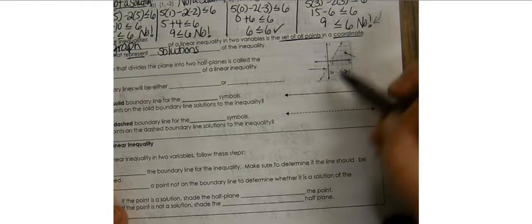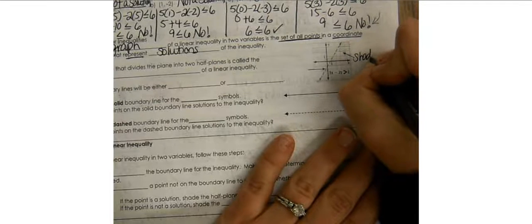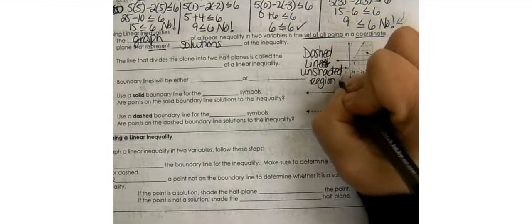And you're going to see shading. Every single ordered pair in this shaded region are solutions. The dashed line, as well as the unshaded region, are not solutions.